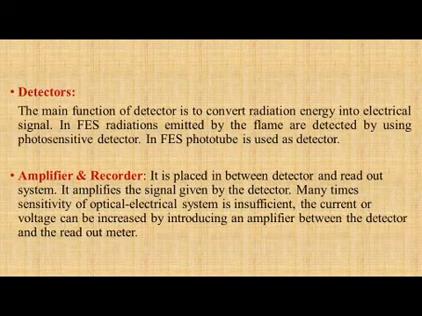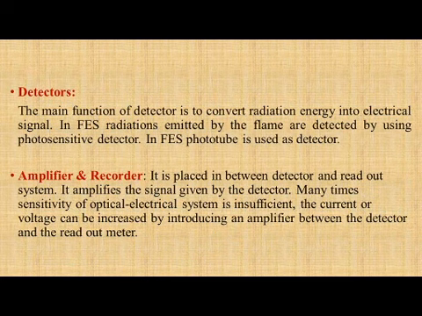Next component is detectors. There are different types of detectors used, and the main function of the detector in a flame emission spectrophotometer is to convert radiation energy into an electrical signal. In flame emission spectroscopy, radiations are emitted by the flame and those emitted radiations are measured. They have good intensity, so they can be easily converted into an electrical signal by using a photosensitive detector.